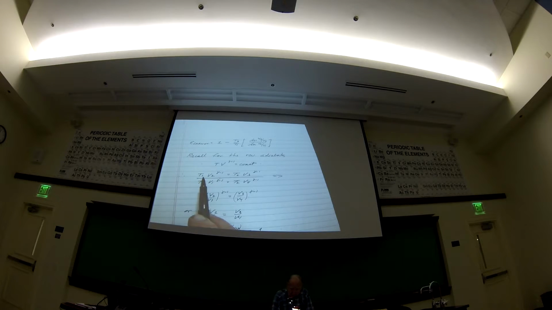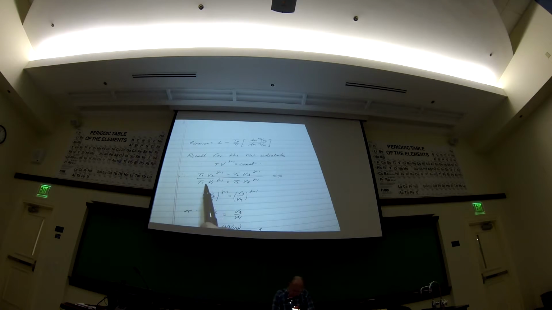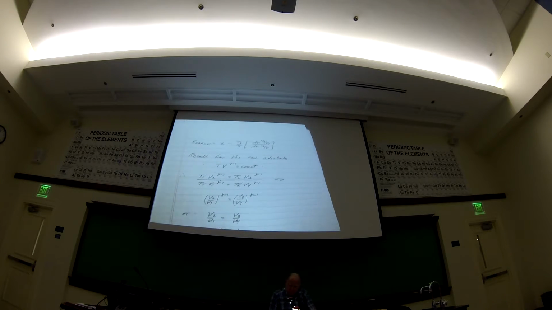So this is T1 V2 to the gamma minus 1 equals T2 V3 to the gamma minus 1. Those are right for that adiabat. Down below, I write them for the second adiabat, where the temperatures are T2 and T1, and the volumes are V4 and V1. So I get T2 V4 to the gamma minus 1 equals T1 V1 to the gamma minus 1. And I just divide these one by the other, cancel out these temperatures, and align it with this result.